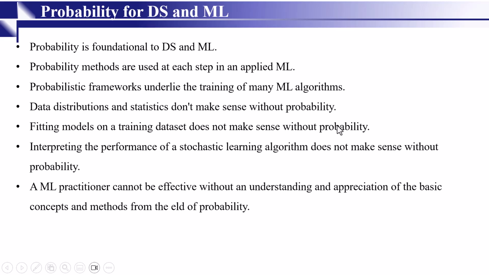Probability methods are used at every stage of machine learning projects. Probabilistic frameworks support the training of many machine learning algorithms. So the key concepts depend on probability, including understanding data distribution and statistics, fitting models on training data sets, and interpreting stochastic learning algorithm performance. Machine learning learners need probability to be effective.